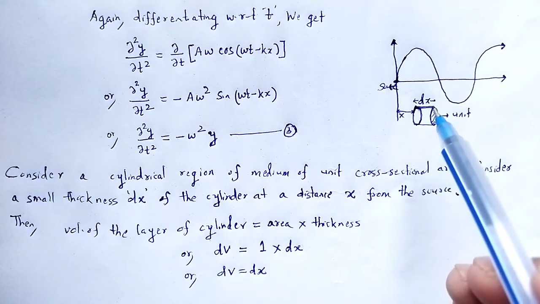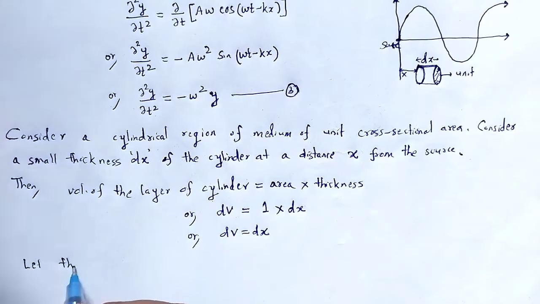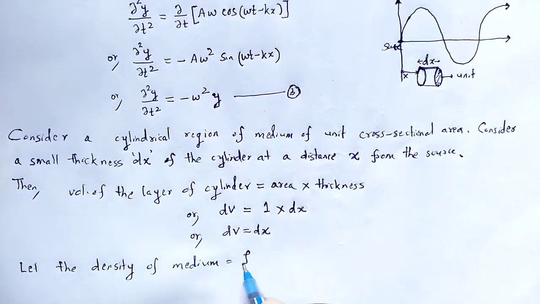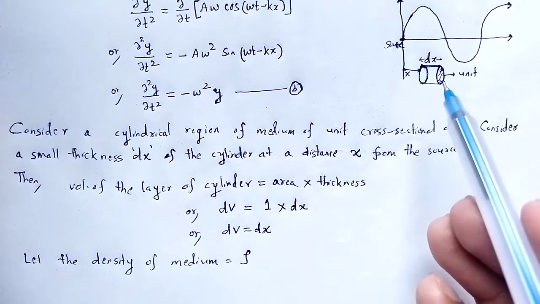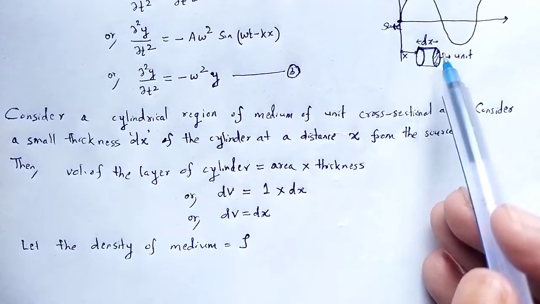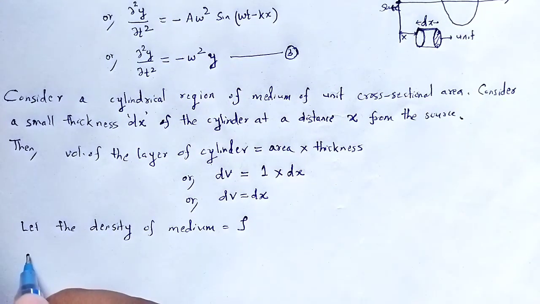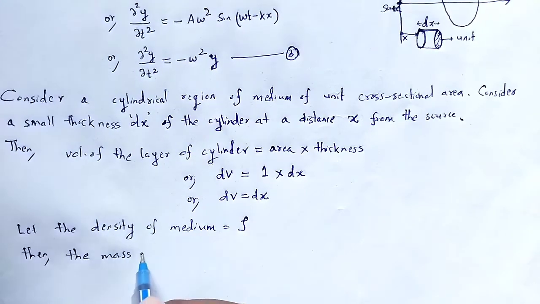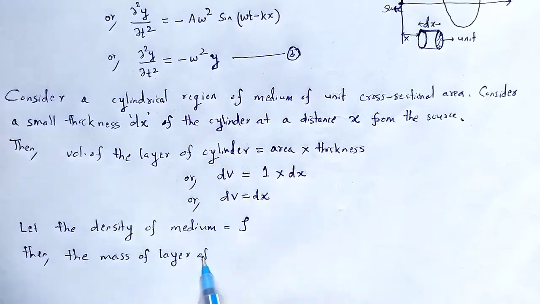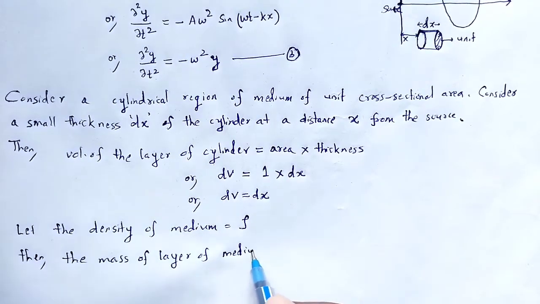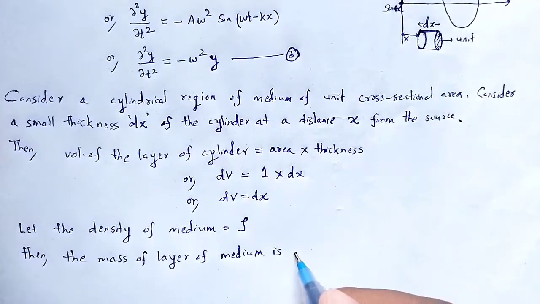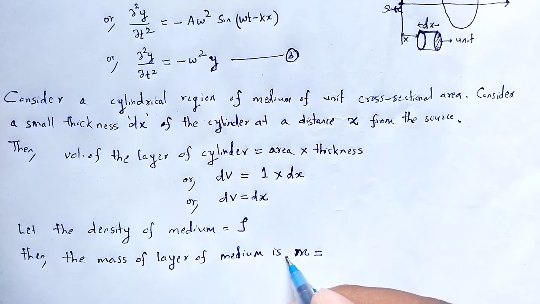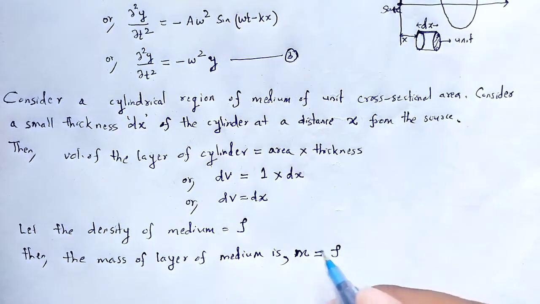Let the density of the medium be rho. Therefore, the mass of the layer of medium is m, that is density into volume, density rho, volume dV.